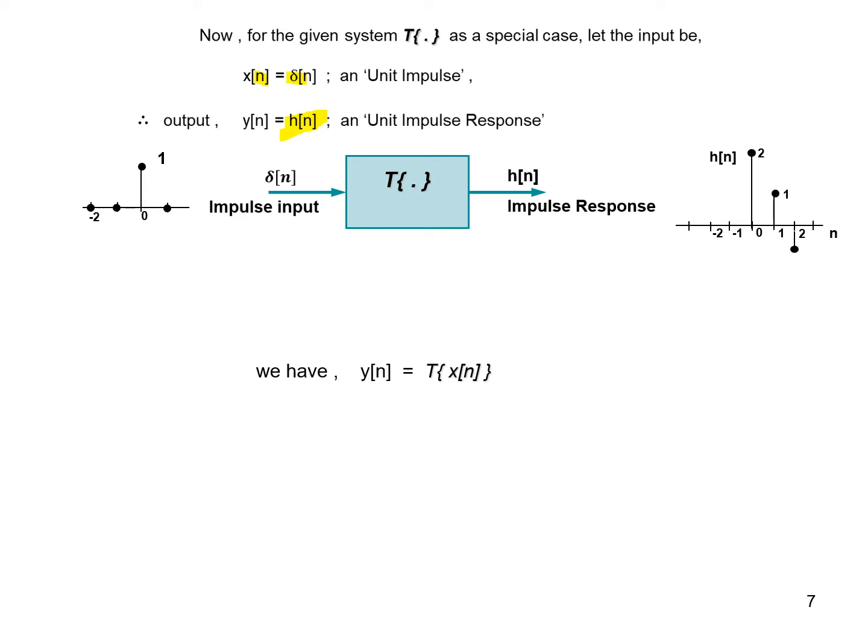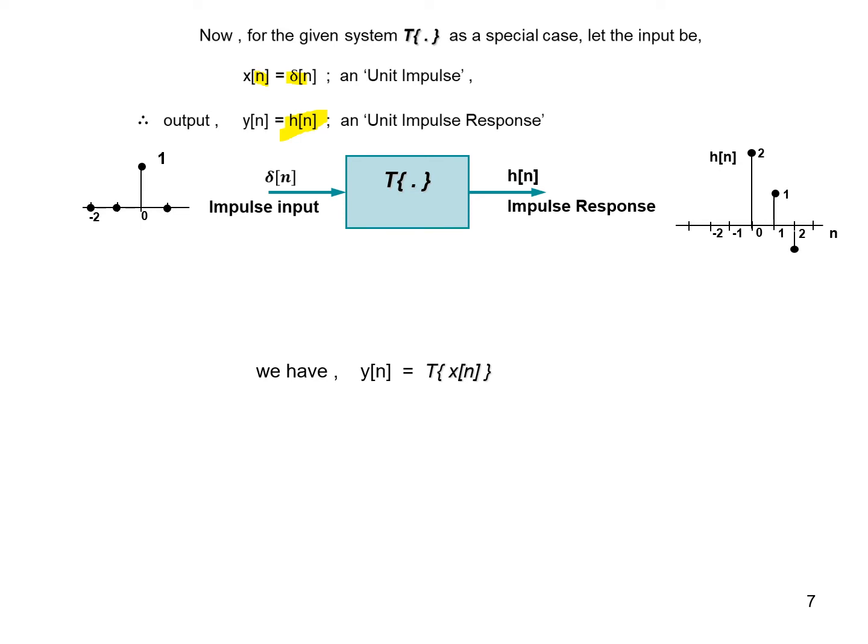The samples may keep appearing up to n equal to infinity. Such systems are called IIR systems. So based on impulse response, a system can be a finite impulse response or an infinite impulse response system. But you will be focusing more on FIR systems. That comes when you study the DSP subject in the next semester. Now let us not give much importance to that.